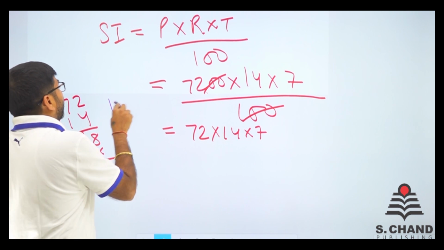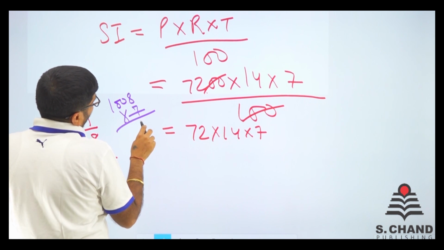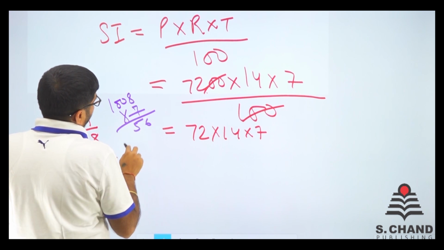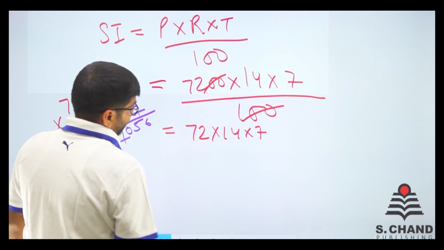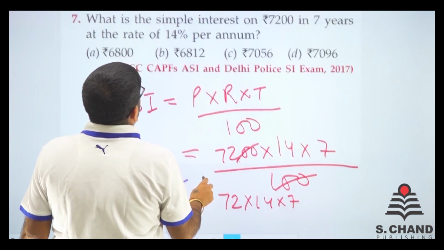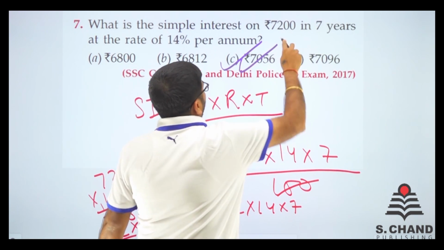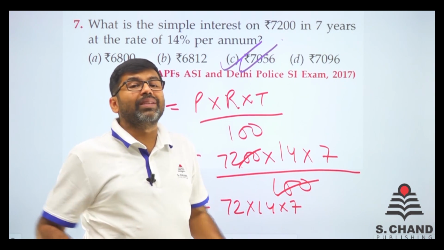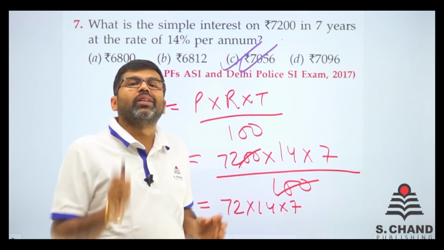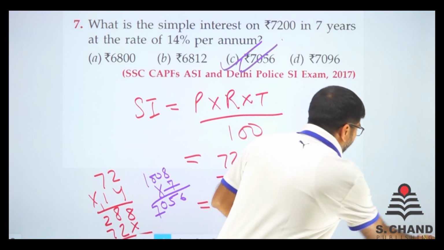When this 1008 is multiplied by 7, we got 8 into 7, 56, and so on, 7056. Is there any option like 7056? Yes, it is. So do it simply so that you get the answer simply. कोई तरह का झोल झाल नहीं. Simple question, simple way. यही आपको एग्जाम में भी करना है. So move on to the next question.